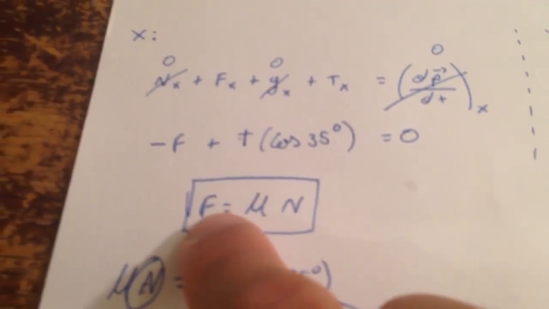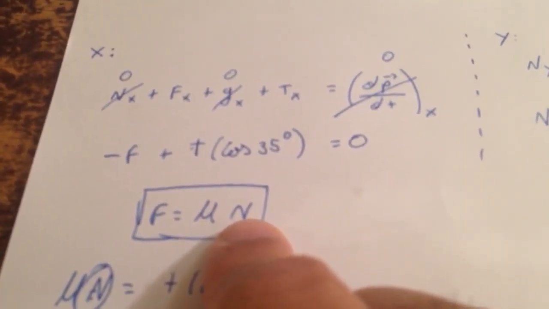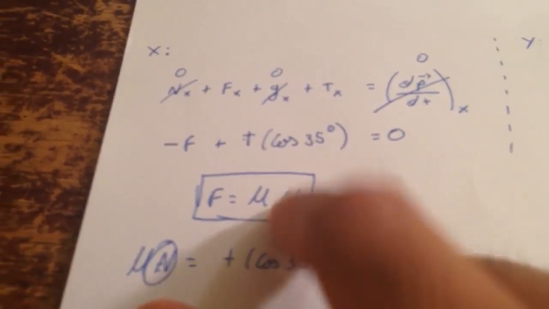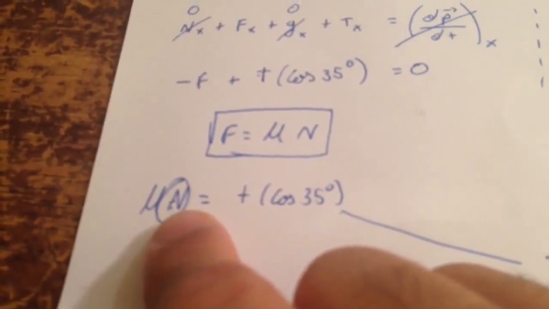Now, I know that the frictional force equals the friction coefficient times the normal force. I substitute here, so the frictional force, mu N, equals T cosine 35.